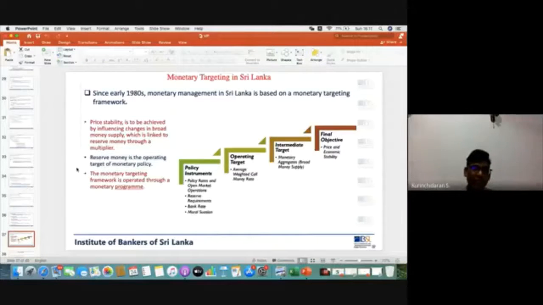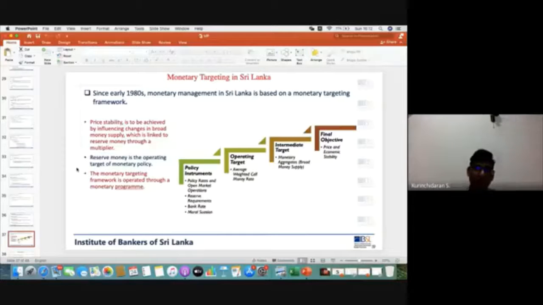Price stability is to be achieved by influencing changes in broad money supply, which is linked to reserve money through a multiplier. Reserve money is the operating target of monetary policy. The monetary targeting framework is operated through a monetary program. This is the Sri Lankan experience.